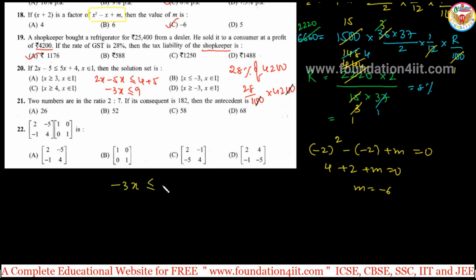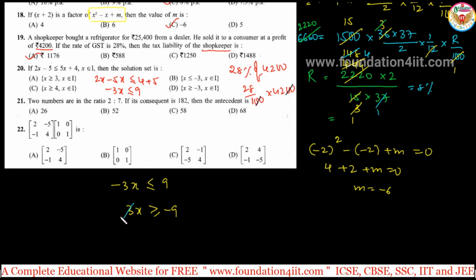Minus 3x is less than or equal to 9. Then plus 3x is greater than or equal to minus 9. Okay, it's a rule. Multiplying with minus sign both the sides. Minus 1, 3 ones are 3. So x is greater than or equal to minus 3. X is greater than or equal to minus 3 and x belongs to integers. Okay, option D.